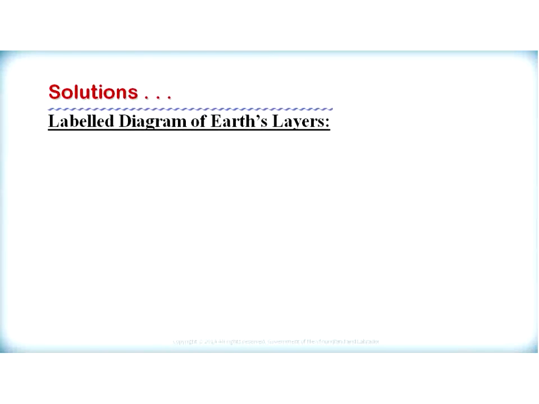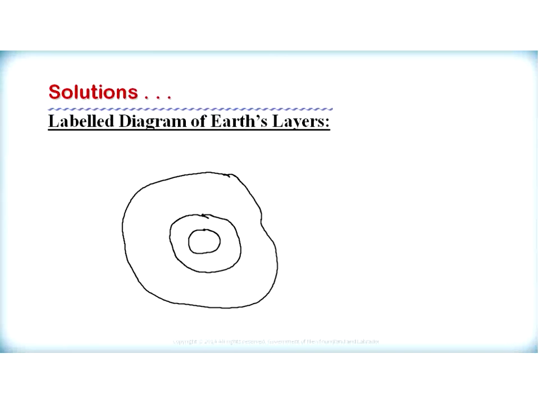When we draw a diagram of the Earth, we could start off with the innermost layer, followed by the next layer, and then a relatively thicker layer, and then followed by a relatively thin layer. Labeling these layers, the outermost layer would be called the crust.